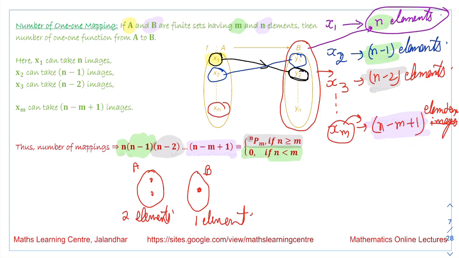So the only option we have is that this element is mapped to this B, and this element is also mapped to this B. It means we can never form a 1-1 mapping. So how many 1-1 mappings are possible? There are 0 1-1 mappings possible if the value of n is less than m, and if the value of n is greater than or equal to m, then the number of 1-1 mappings that can be formed is nPm.